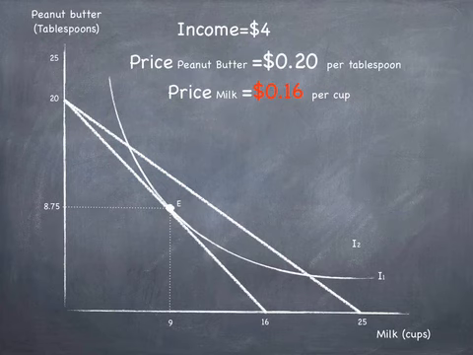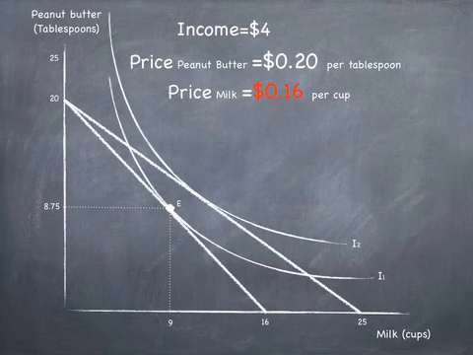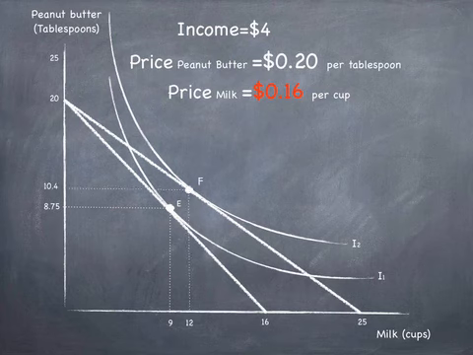Now, can she get to a higher level of utility? Yeah, she can. If we move out to indifference curve number 2, you can see that she's at a higher level of utility now. She can now consume at point F, which is 10.4 tablespoons of peanut butter and 12 cups of milk.